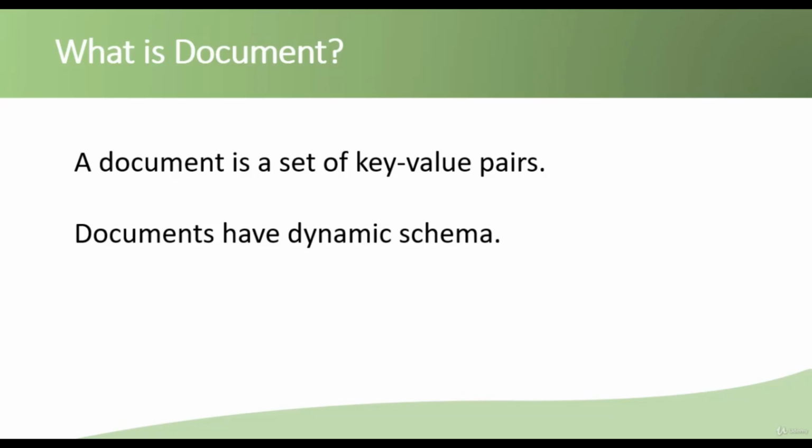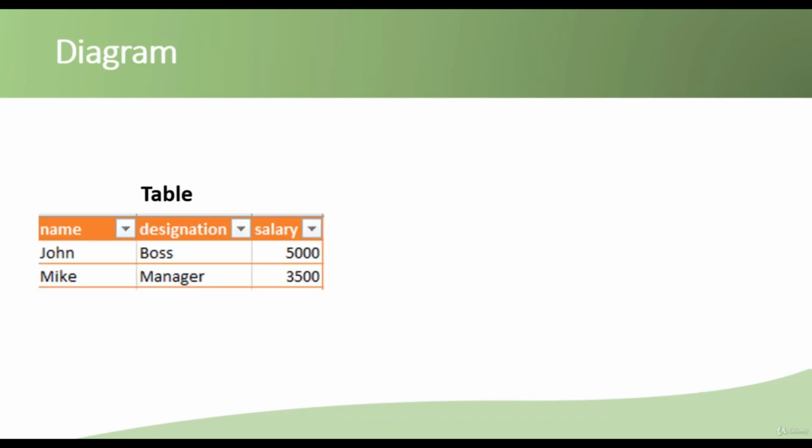Okay. After that, let's understand it with the help of a diagram. First of all, the table. This is a table of SQL. When we use a relational database or SQL, then our data is stored in the form of a table. You can see that here we have two records of employees. If we convert this same data into a non-relational database like MongoDB, then it will look like this.